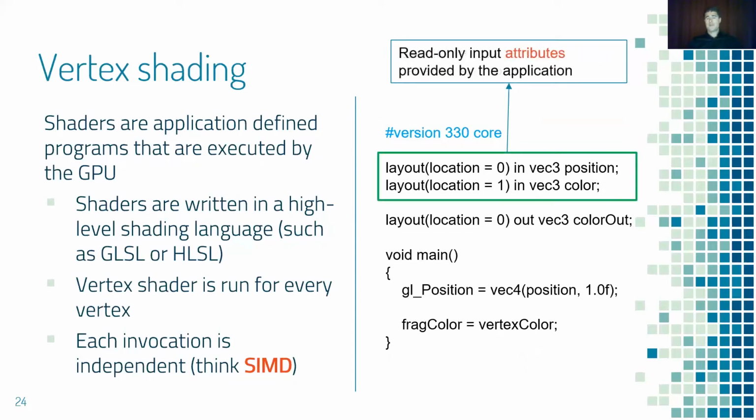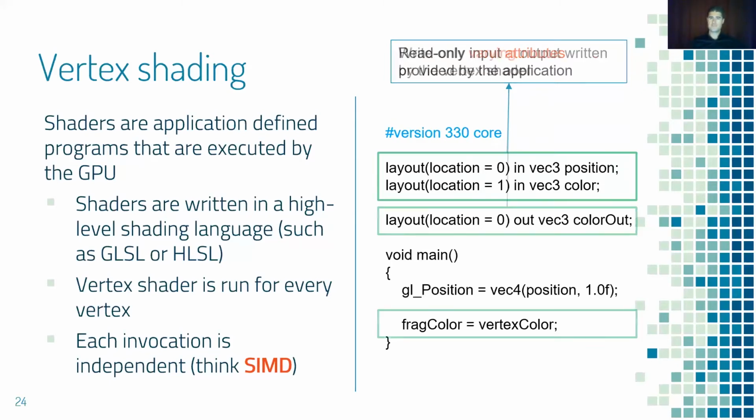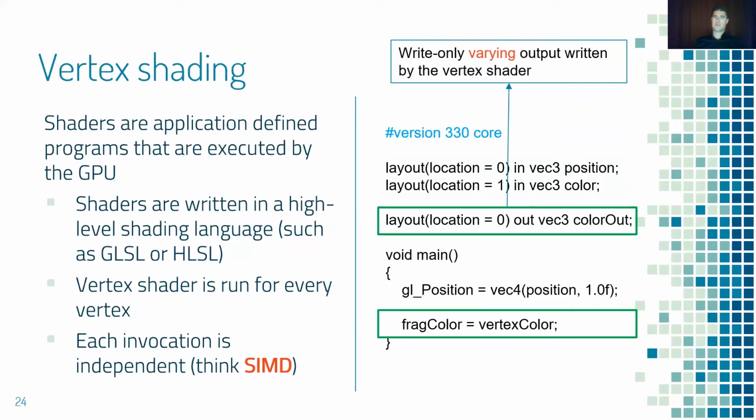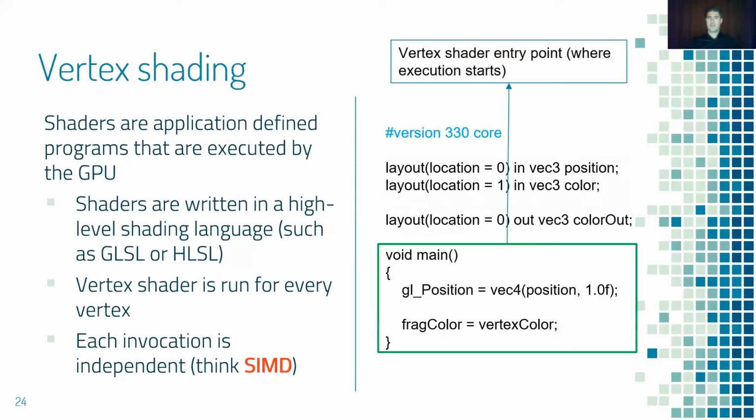Then we define the read-only input attributes provided by the application. Those are the position and the color of the vertices. Then we define the write-only varying output, which is written by the vertex shader. We'll talk more about varyings a bit later because they are special. And then the main function, like a C main.